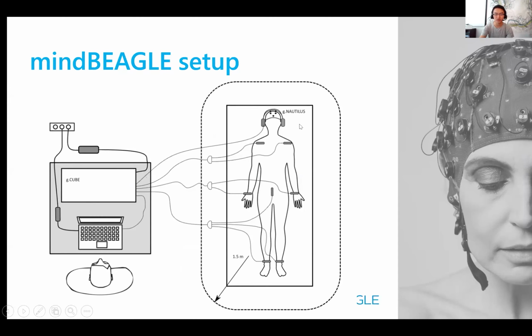The EEG system, or the gelatinous, is mounted on the patient, and data is transmitted wirelessly to the computer for analysis. On top of the EEG cap, the headphones are mounted and connected to the cube, which delivers the auditory stimuli to the patient.